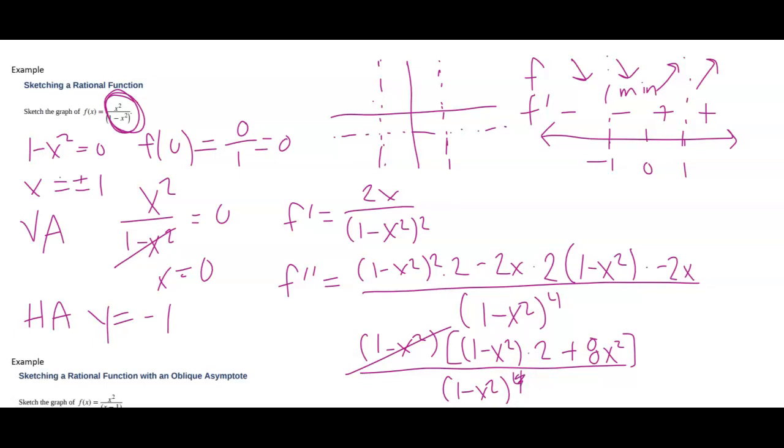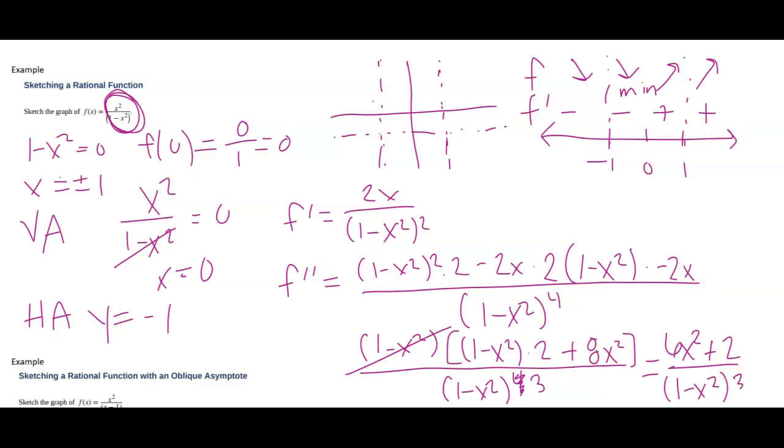This cancels with one of these, so I have this cubed. And then with some simplification and combining like terms here, we're going to get 6x squared plus 2 all over this right here.